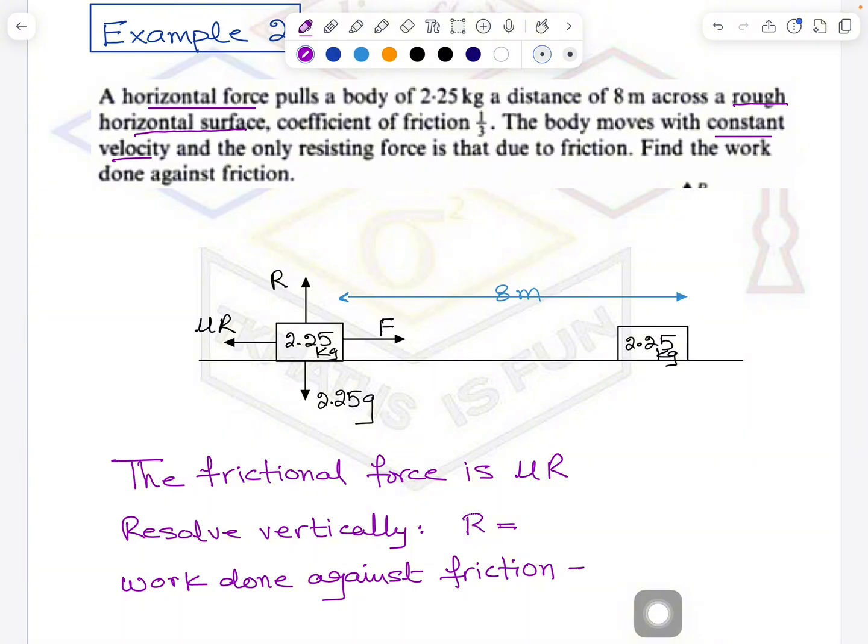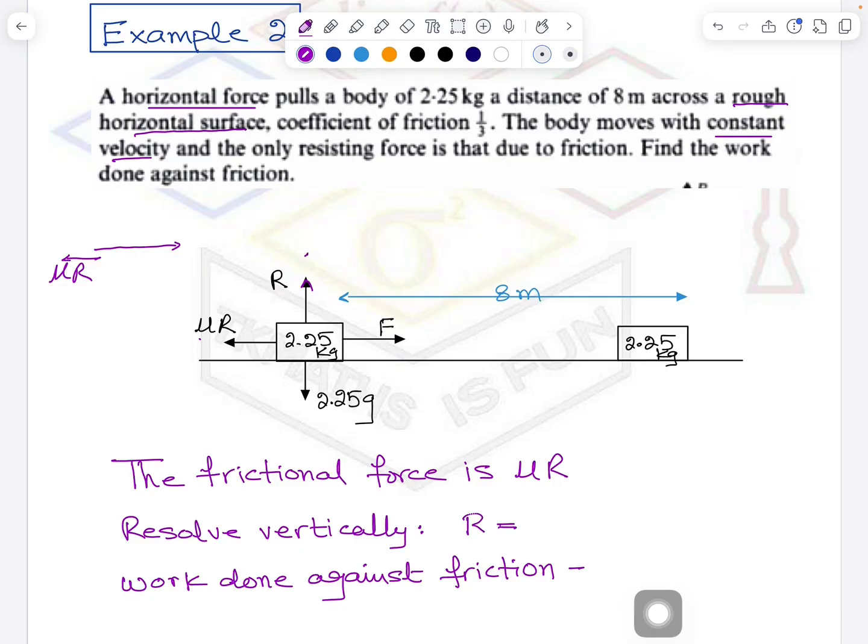So now, just for the sake of recall, why did I write mu R here? Because when the object is in motion and it is on a rough surface, the frictional force is always maximum, which is mu R. We have studied this in the topic of friction. So I can say here the frictional force is mu R because the body is in motion on the rough surface. And if I resolve vertically, then this R, which is the normal reaction between the body and the surface, will be 2.25 g.